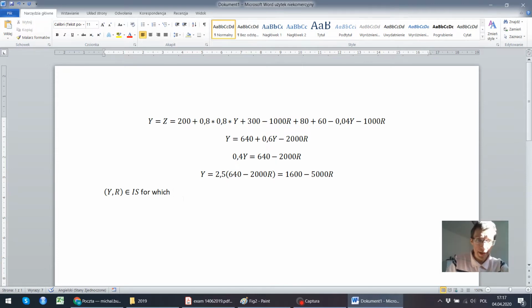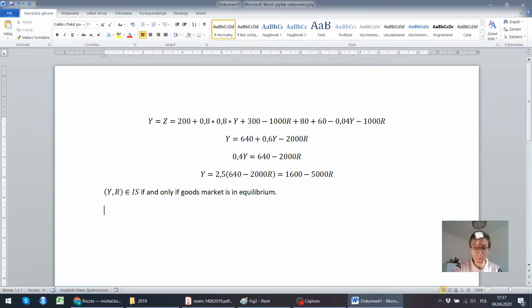Okay, so the demand and the supply of goods are equal. And this is the interpretation of the IS curve. Okay, cool. So this was A.